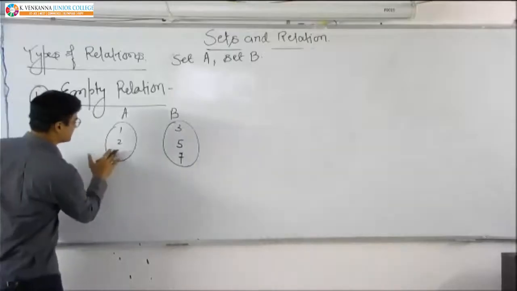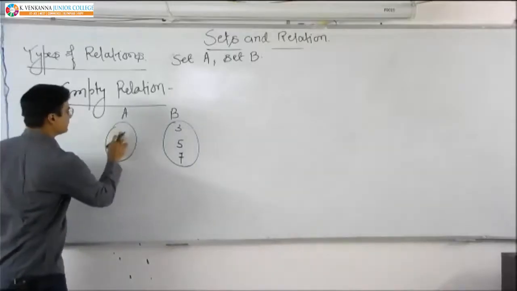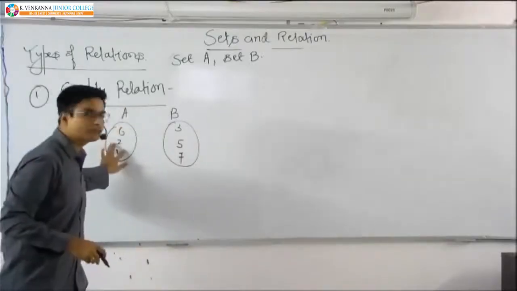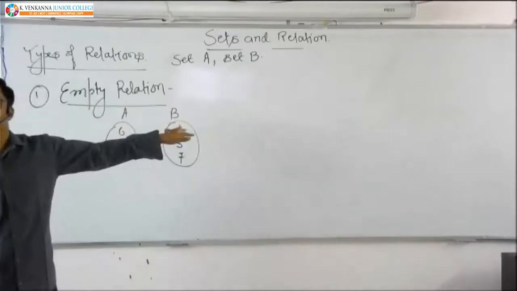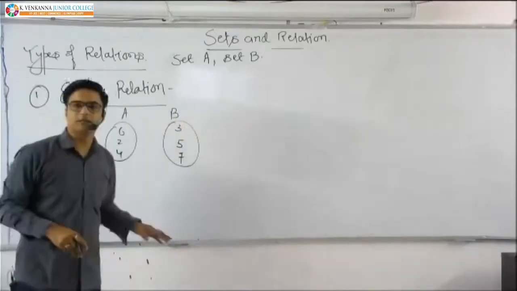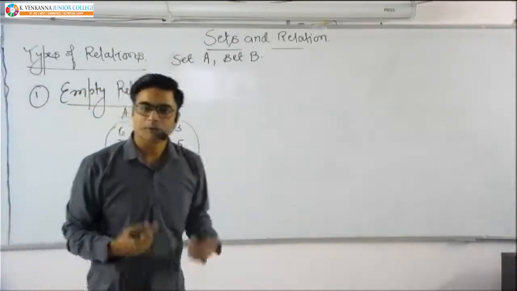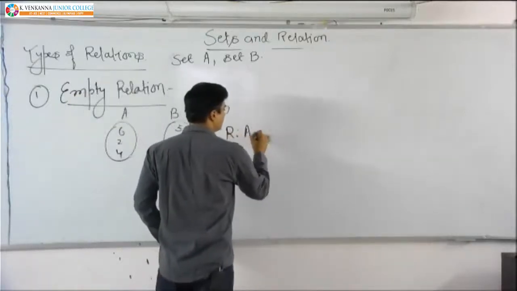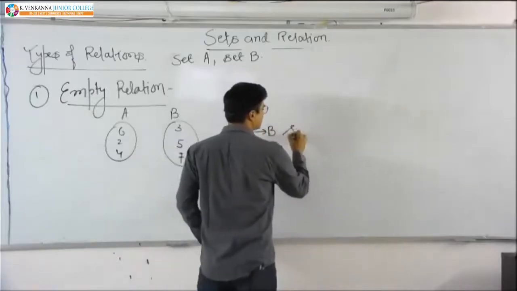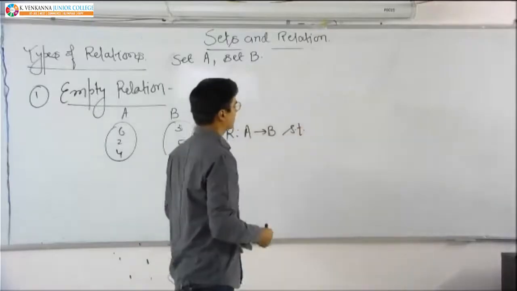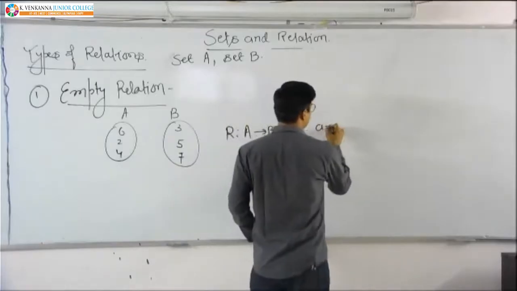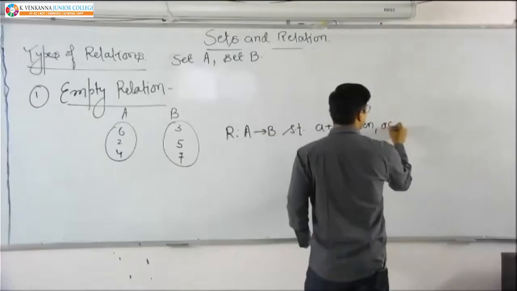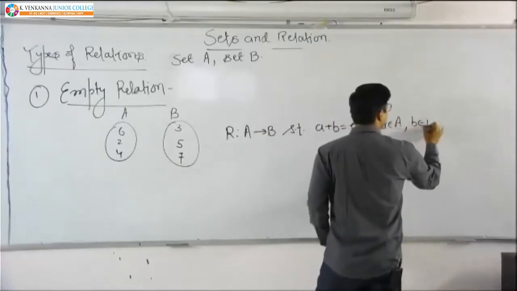Let's say I'm taking the elements 2, 4, 6. Let's say I am not connecting any element with the elements of set B, then it is an empty relation. For example, relation I'm defining from A to B such that a plus b is even, where a is an element of A and b is an element of B.